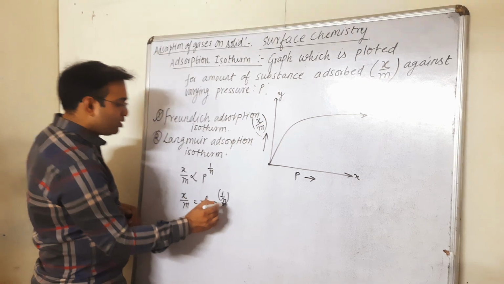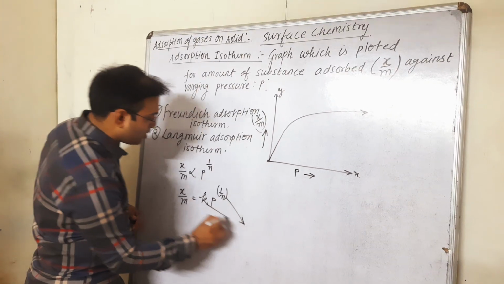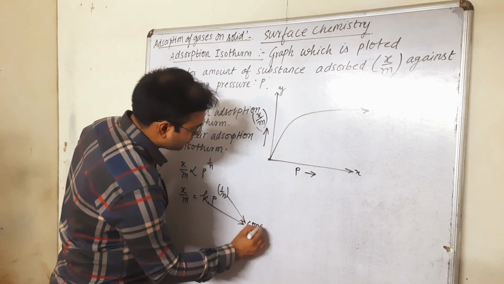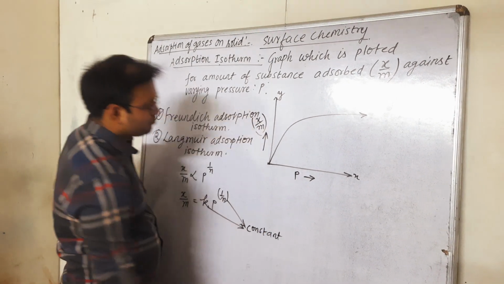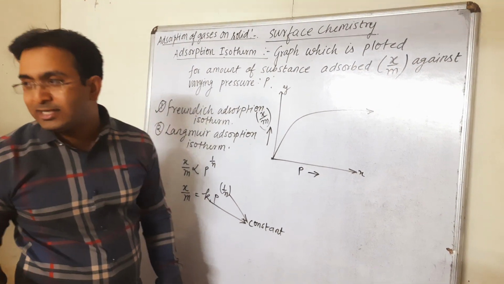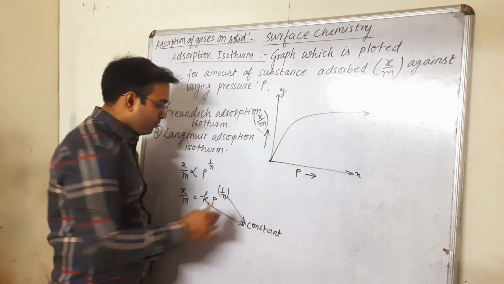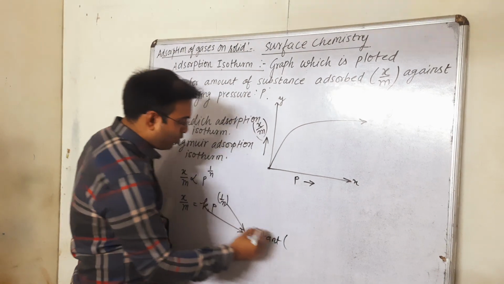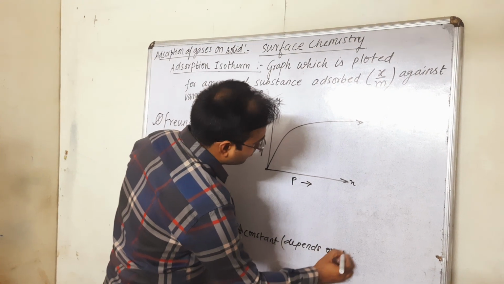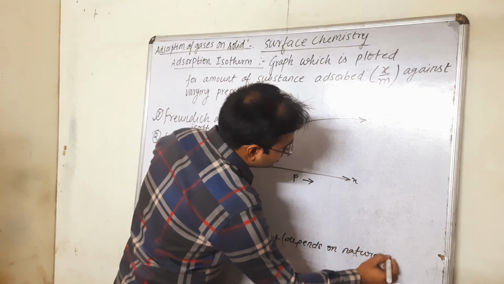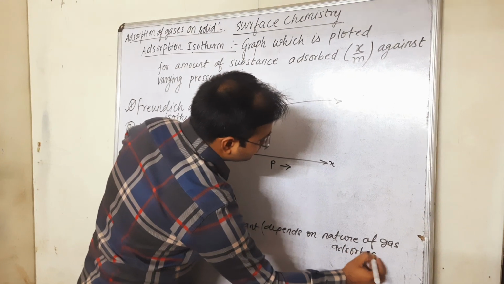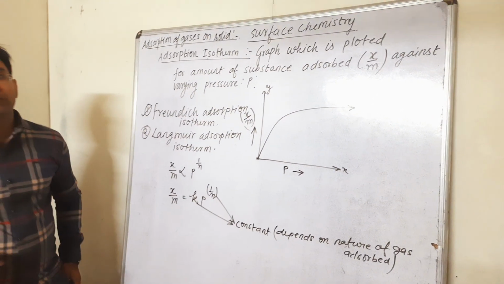Both 1 by n and k are constants, and their values depend on the nature of the gas adsorbed.